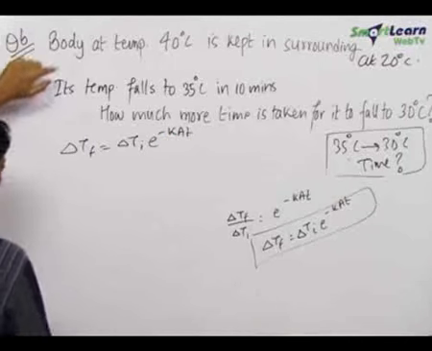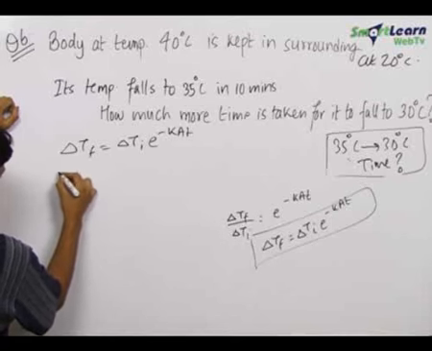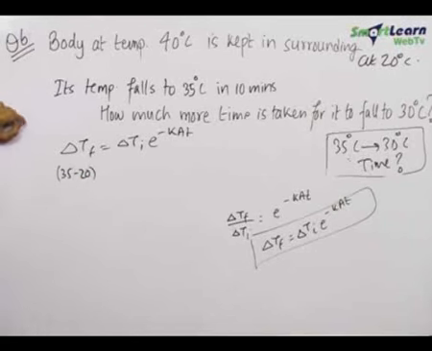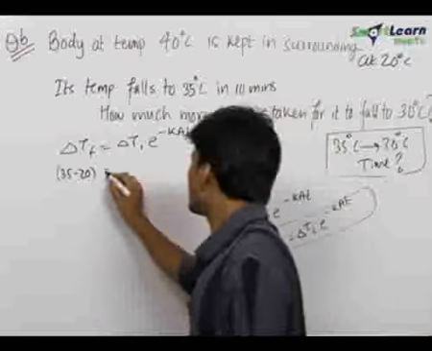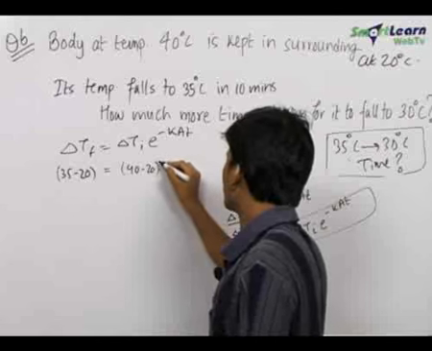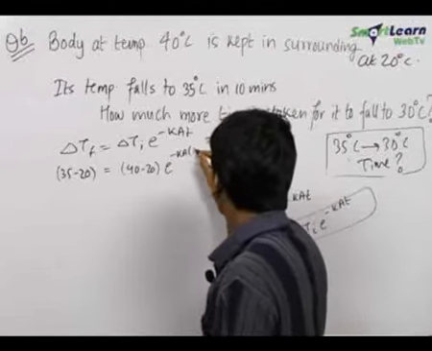We have delta T final is equal to delta T initial into e raised to minus KA into t. Let us apply this equation for the first case. For the first case, the final temperature difference between the object and the surrounding was 35 minus 20, because the final temperature was 35, and this is equal to the initial temperature difference, 40 minus 20, into e raised to the power minus KA into time, which was 10 minutes.